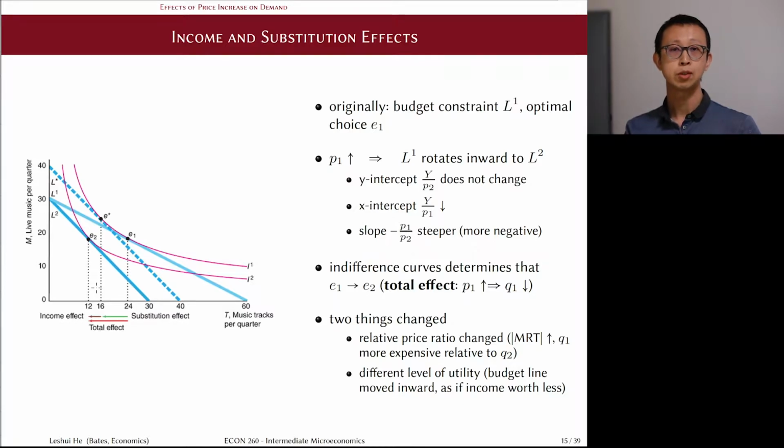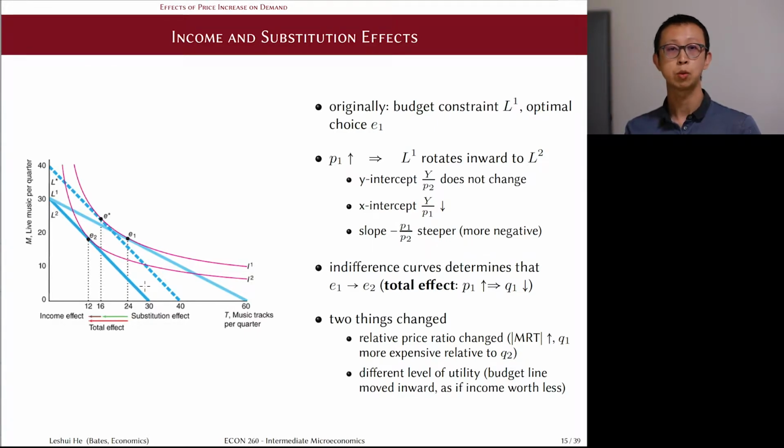Second, as we mentioned just now, the consumer can no longer afford many bundles that were previously available in this area because of the high price of good 1. In other words, the purchasing power of the same budget or income is now lower, as if the consumer is poorer despite the budget or income actually remaining the same.